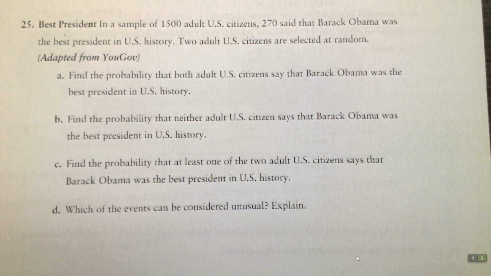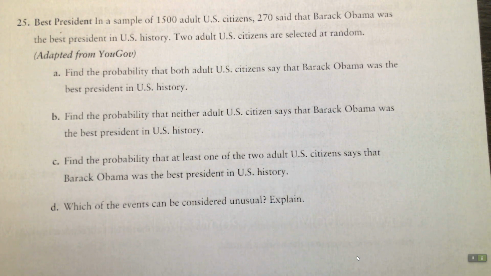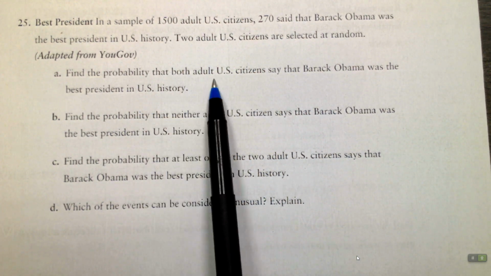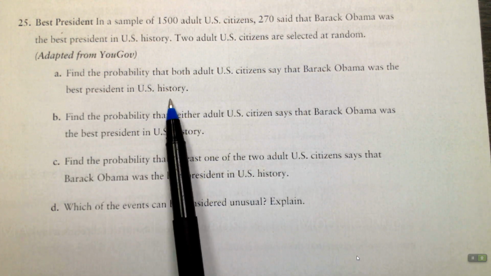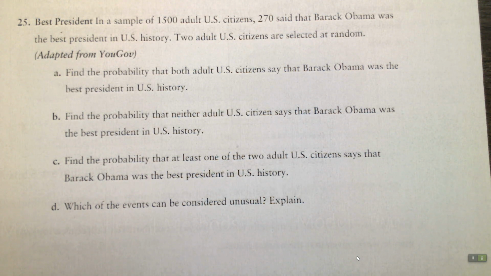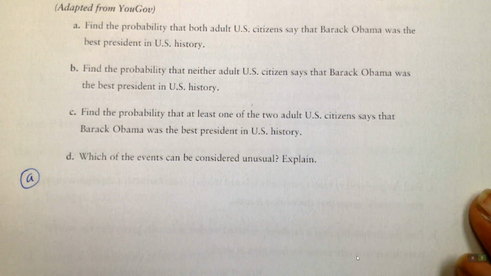So we're going to select 1 adult and then select another adult. Find the probability that both U.S. citizens say that Barack Obama was the best president in U.S. history. So we're going back to the fraction for this one. It didn't give us a decimal, so we're going back to the fraction.